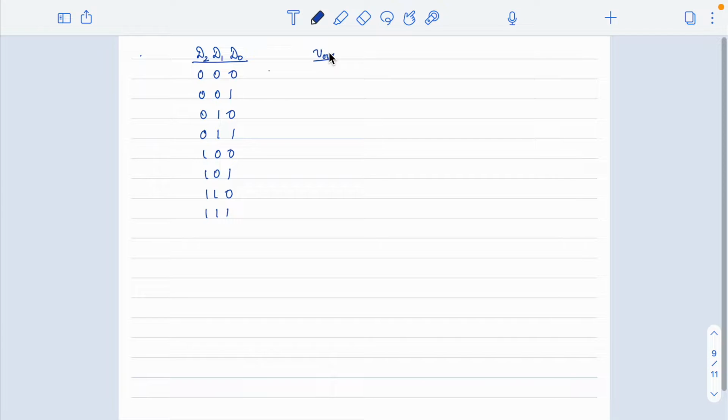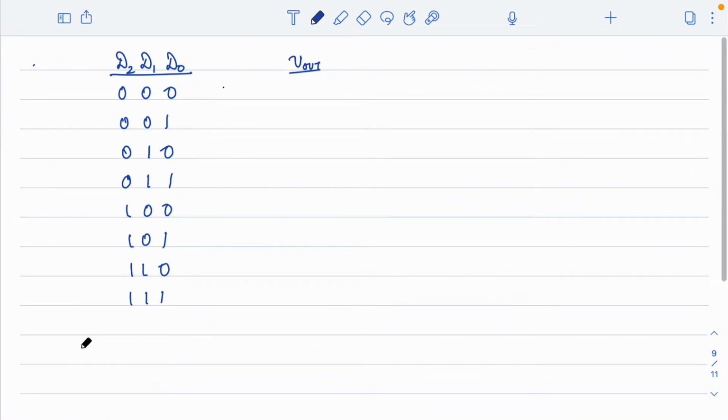For every output voltage, you can find it with the help of this. So how will you get the output voltage? V out is equal to the DAC output voltage, Vref divided by, so what is the output voltage of a DAC? We have discussed it already.